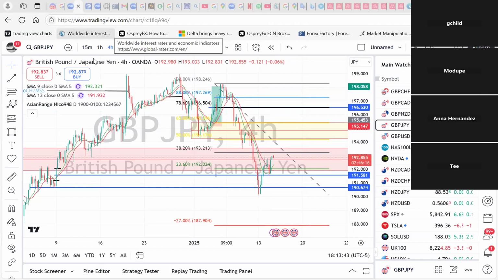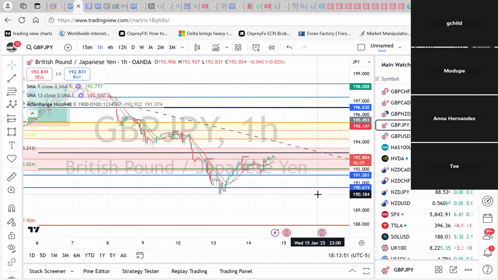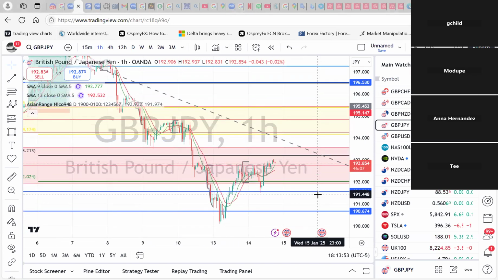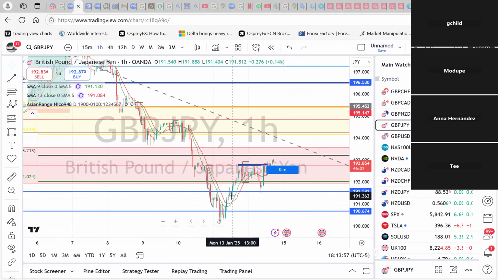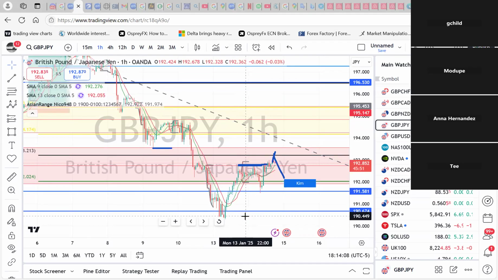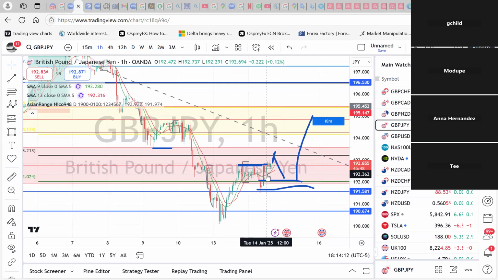I'm gonna post it in the chat anyway, but now that price is breaking this high, I'm expecting it to pull back somewhere up in here, and then give a pullback to this imbalance, to then continue buying up.